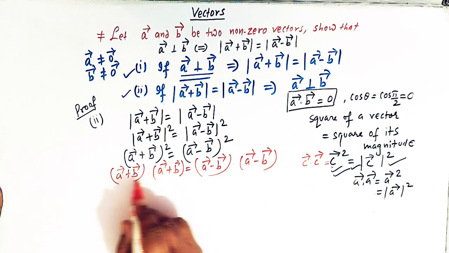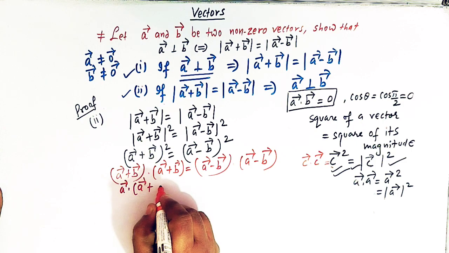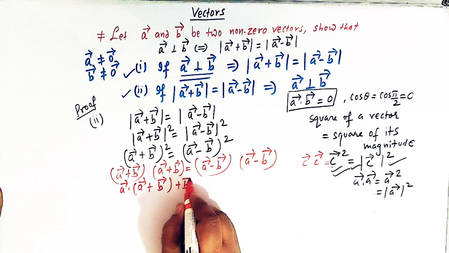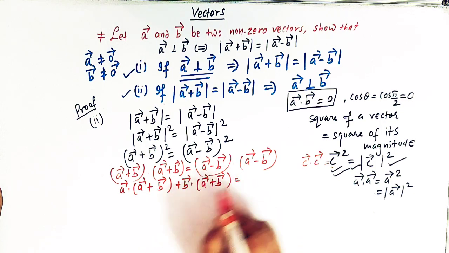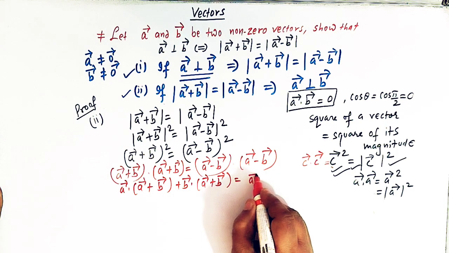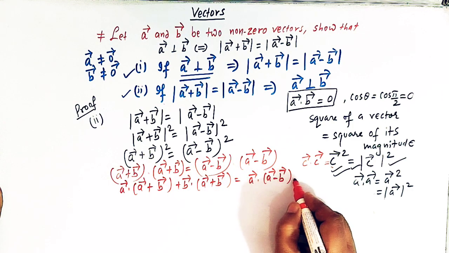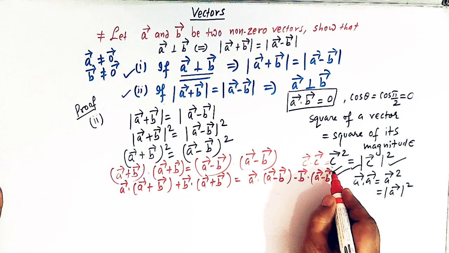So now taking the dot product, we have a dot a plus b, then we have b dot a plus b, and similarly in the right hand side we have a dot a minus b, then here we have minus b dot a minus b, right?